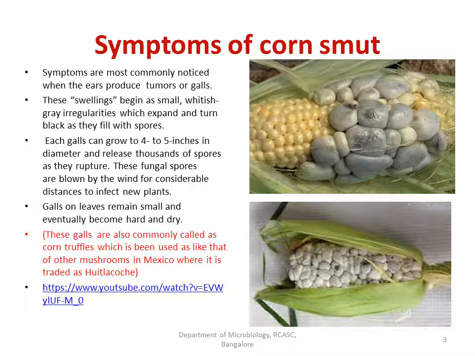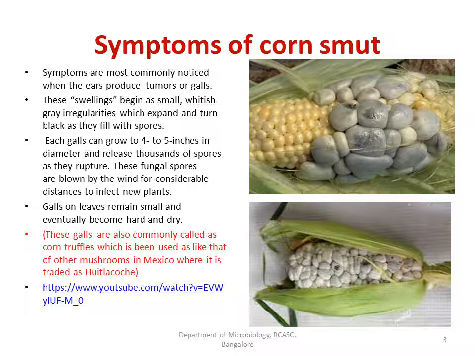So once again I will repeat the symptoms of this disease. It is an airborne disease where a localized infection happens in any part of the plant, which leads to the formation of galls, where the mass of the cells increases, that is hypertrophy or hyperplasia.